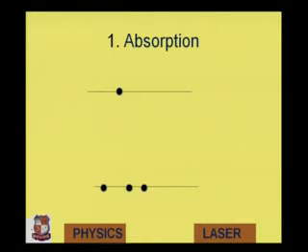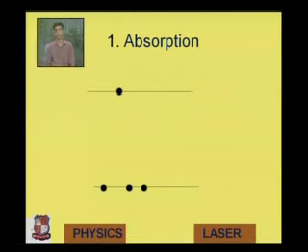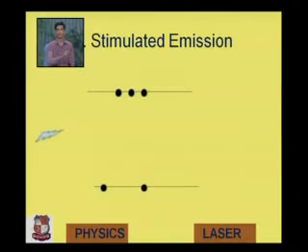If there is a possibility that an external photon can take the electron from the ground state to the excited state, there is another possibility that an external photon can stimulate that excited electron to come down to the ground state. So that is the foundation for the stimulated emission.